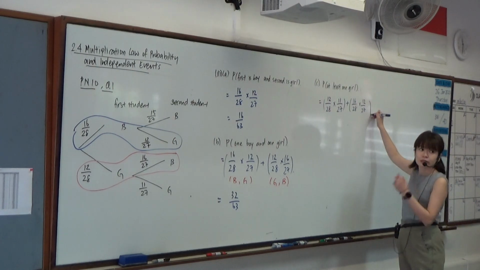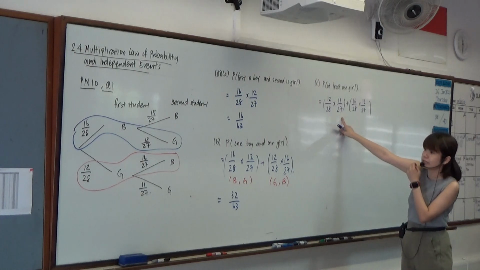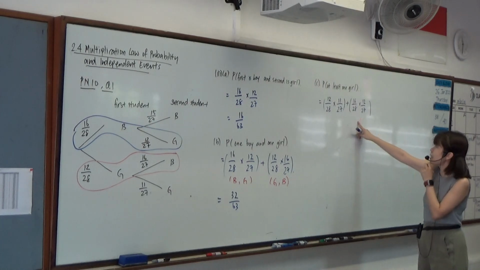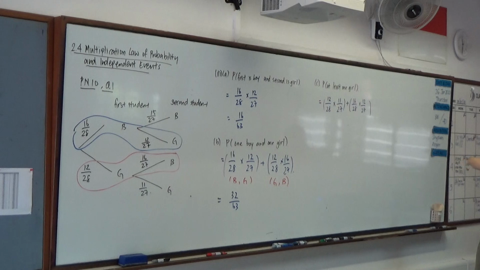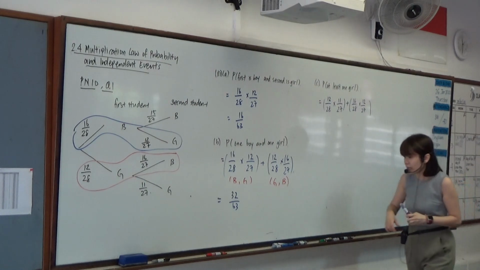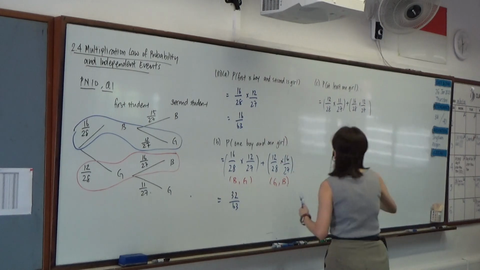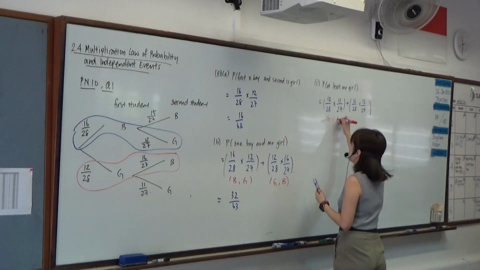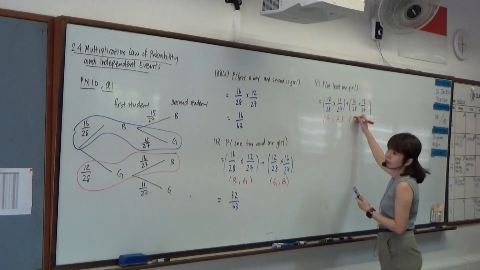That's all. So 12 over 28 times 11 over 27 plus 16 over 28 times 12 over 27. Okay, so what Wendy has given us is girl-girl over here and then boy-girl.